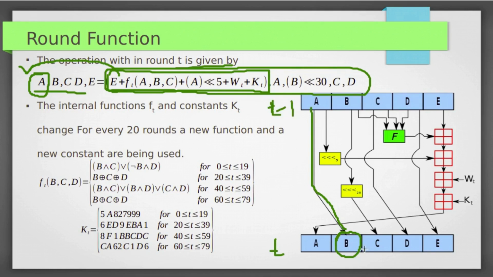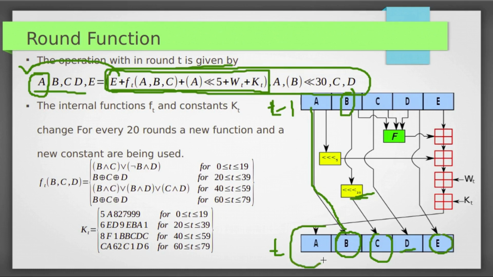This B for round T will be round T minus 1's A value. For C, the previous round B value is left rotated 30 bits. For D, the previous round C value is directly copied, and for E also the previous round D value is directly copied.